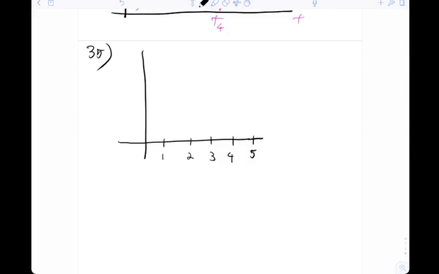So that's time. I'm going to start at t is equal to 0 hours. And then this is 1, 2, 3, 4, 5 kilometers. 500, 400, 300.